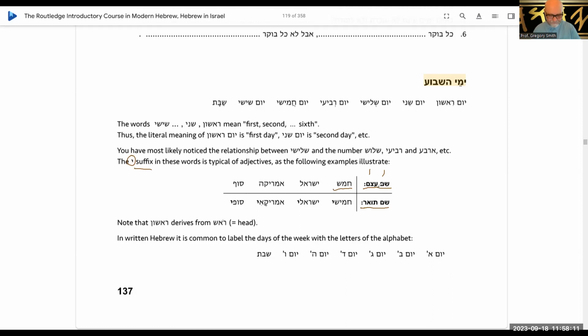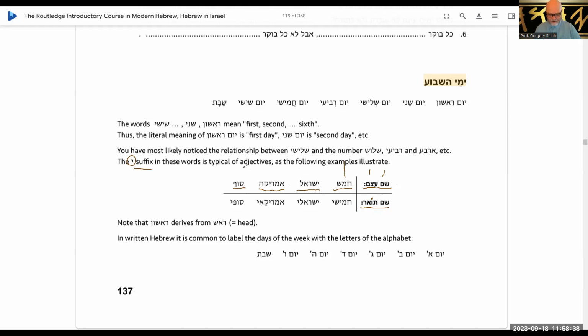Oh, the adjective, Shem Toar. Looks like it's a whole limb. So there would be a dot on there if you had the Nakud. So we've got Chamesh, I think that's 5, then Yisrael, America, and Sof.